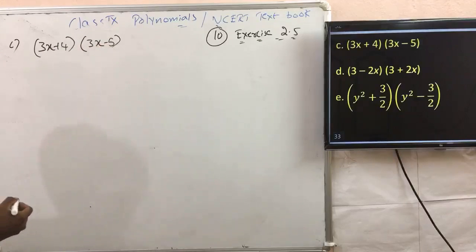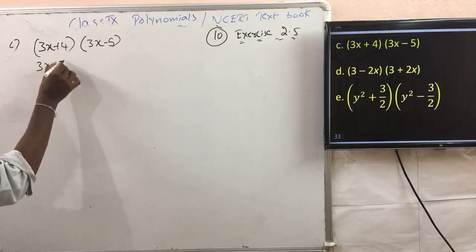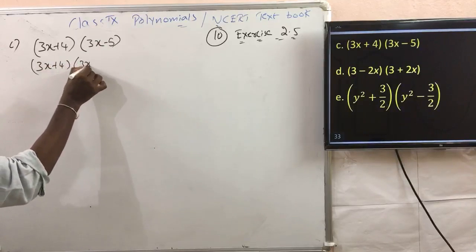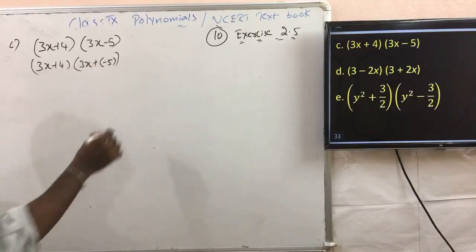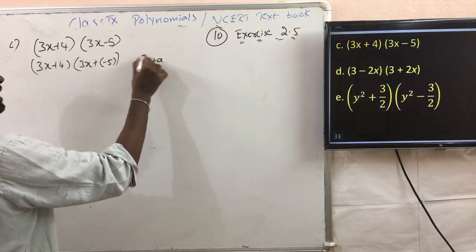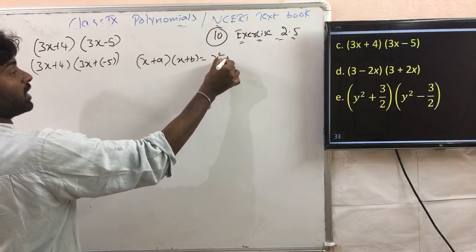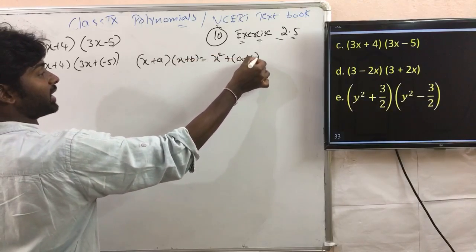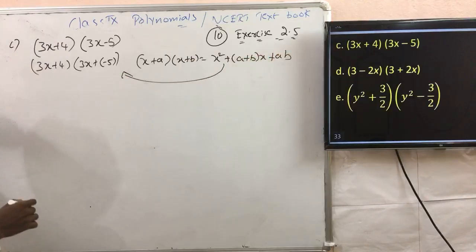Same thing given. Rewrite this as 3x plus 4 into 3x plus of minus 5. Same identity: x plus a into x plus b equals x square plus a plus b into x plus ab. Same identity we have to use here.